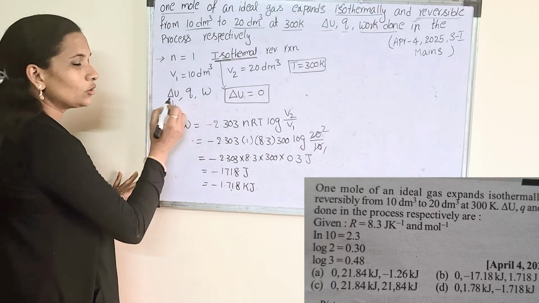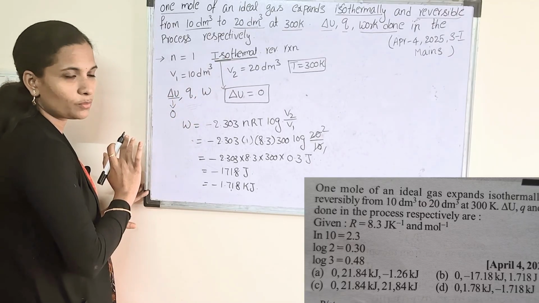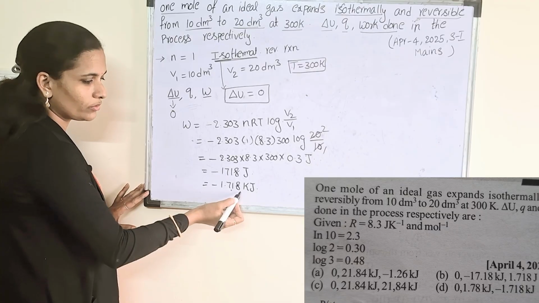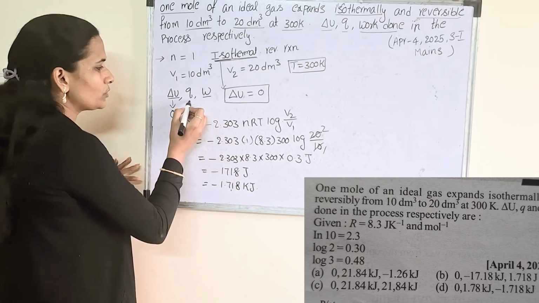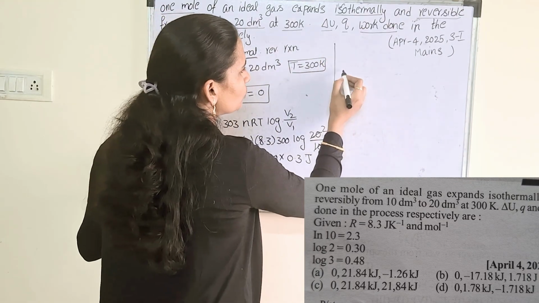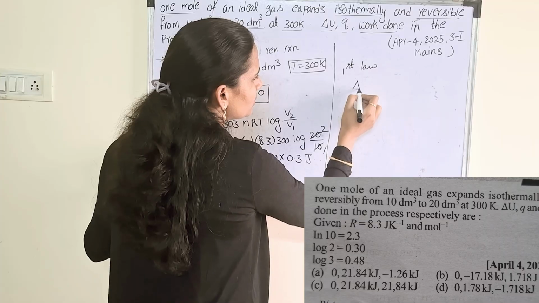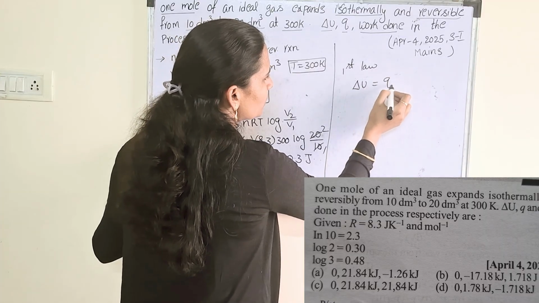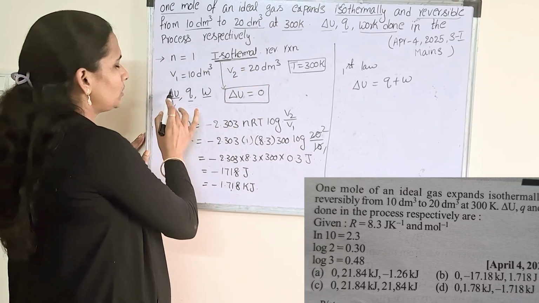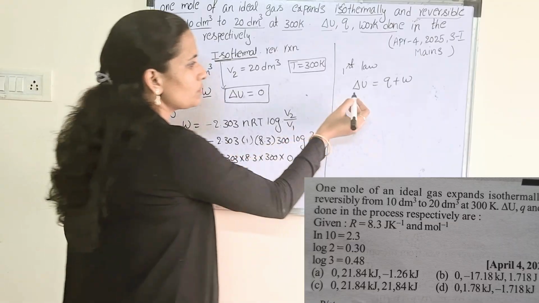Now they are asking for three values in total. Delta U is 0 in the isothermal process. W came as minus 1.718 kilojoules. Now the remaining one we have to calculate is the Q value. According to the first law of thermodynamics, the formula is delta U equal to Q plus W. In the isothermal process, delta U is 0.